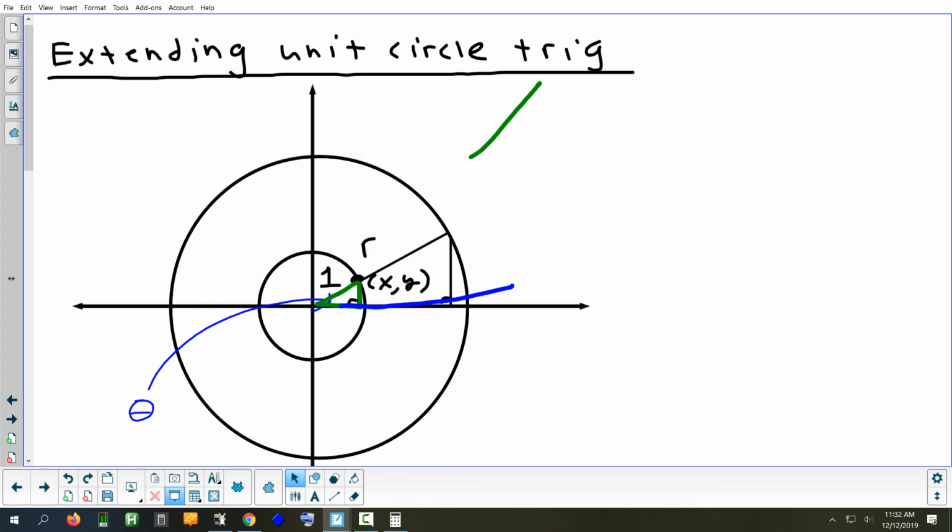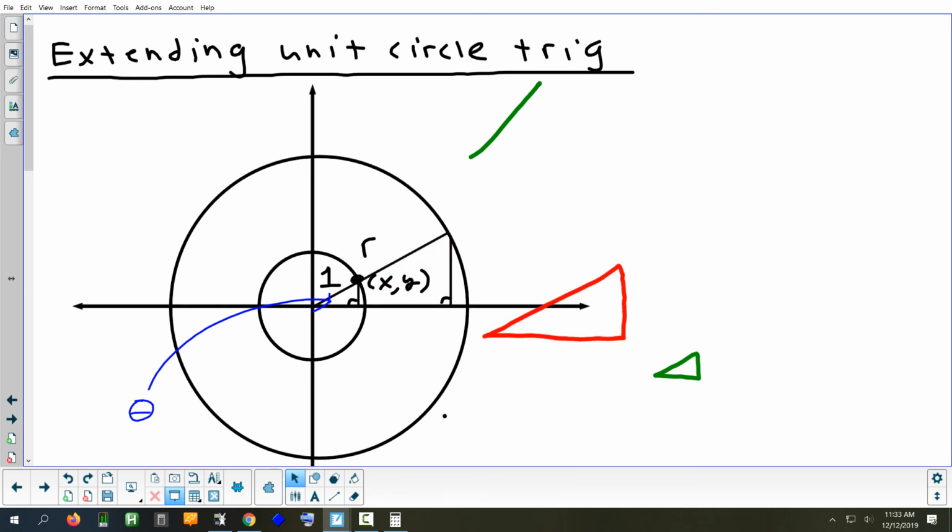Let me move it to a different spot. We get that triangle in green. Now look at this triangle in red.